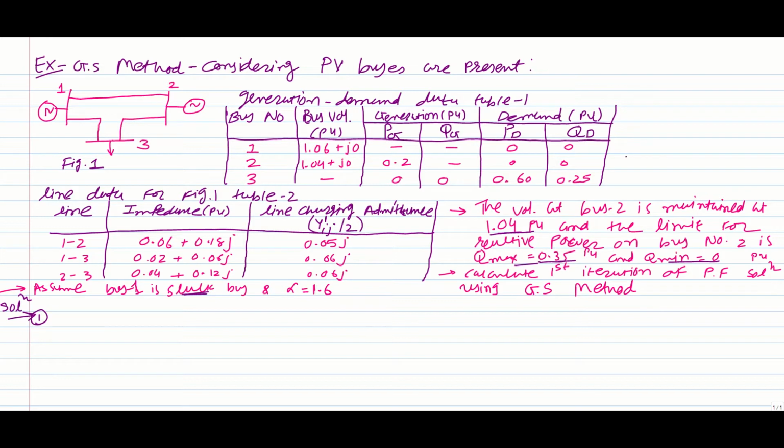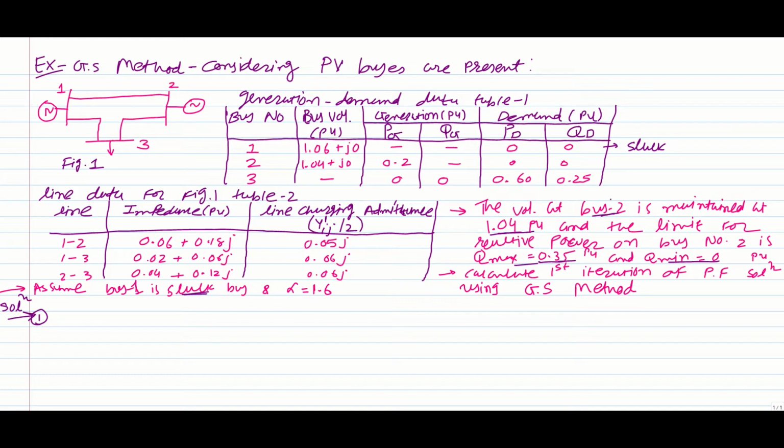So here we will write for bus number 1 it is slack bus. Now we need to identify whether these two buses are PQ bus or PV bus. Let's start from bus number 2. Look over here, in bus number 2 the bus voltage is given and the generation is given, and the data also says that the voltage limit and reactive power limit are specified on bus number 2.